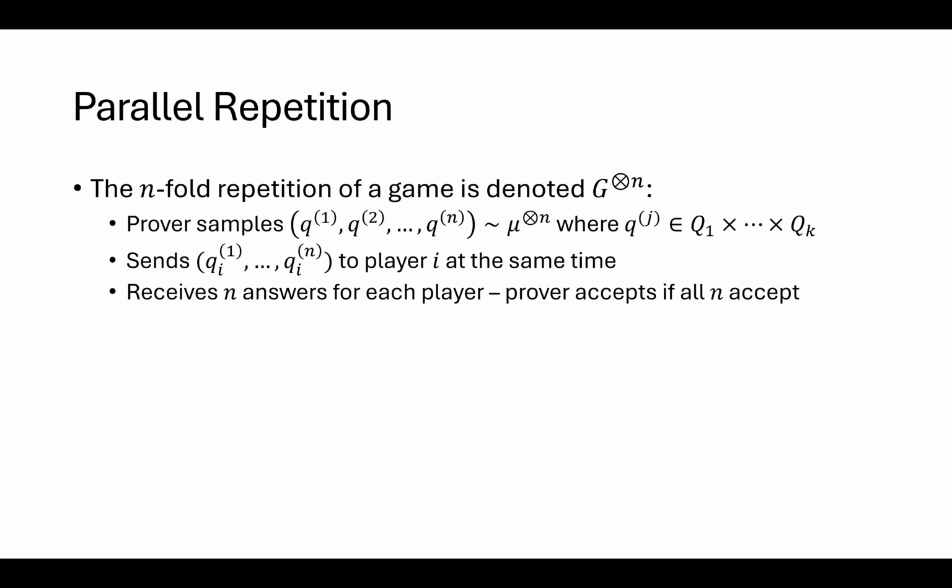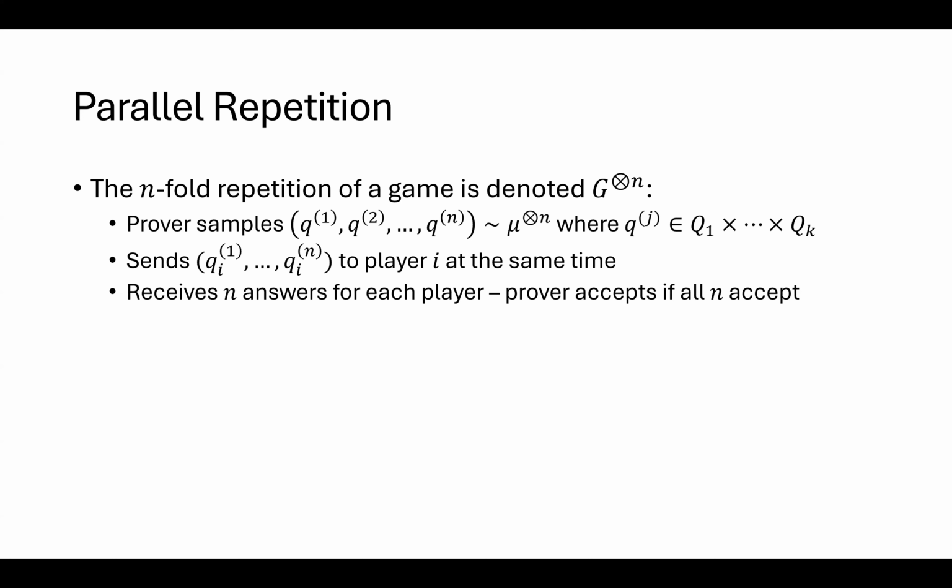The problem of parallel repetition asks to study the n-fold repetition of such a game, which we denote as G to the n. In the n-fold repetition of the game, the prover samples question tuples q1 to qn. Here, each qj is a k-tuple of questions from the support of mu.